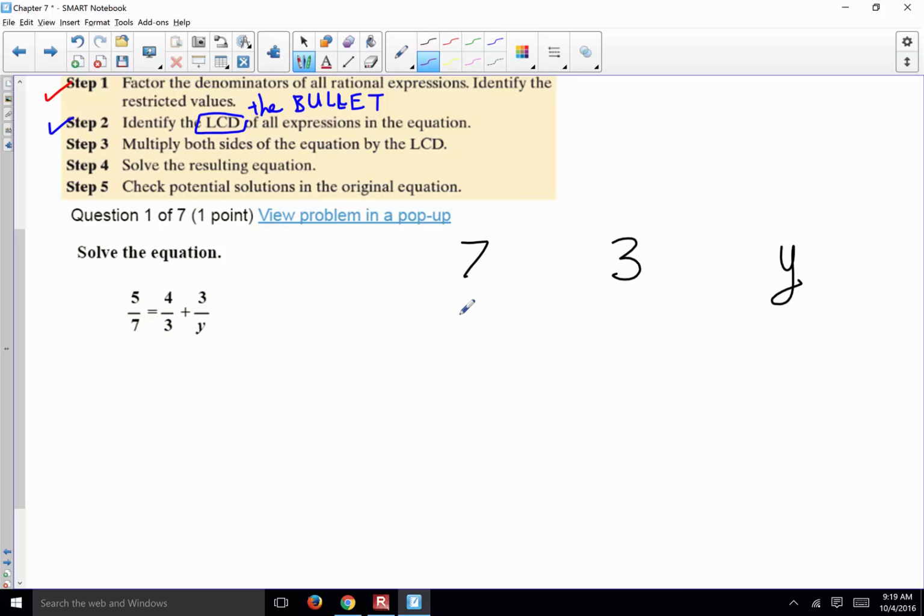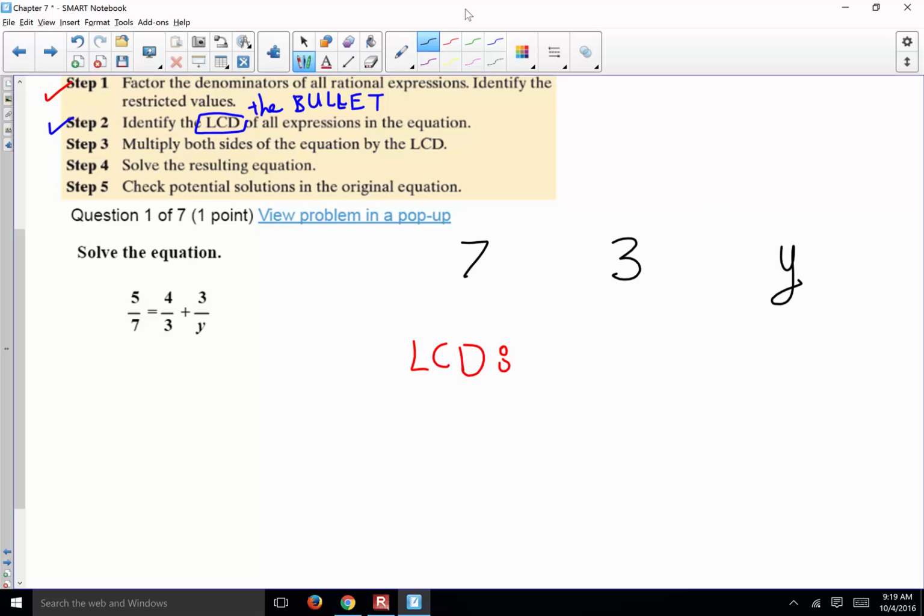So what is that? You create your bullet, or we call it LCD. It's going to be a combination of all these 3 monsters to wipe off all 3. But you need to be most economical. You don't pick a bullet in the size of a missile, not too big. It's just the right small size to clear all 3.